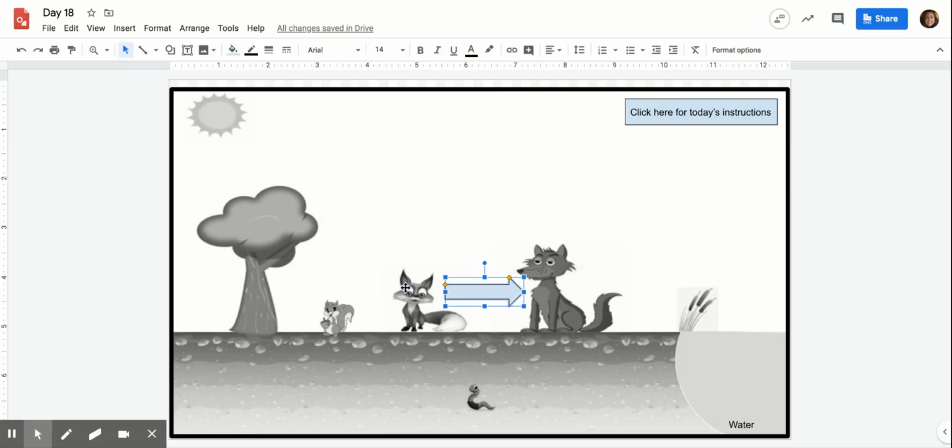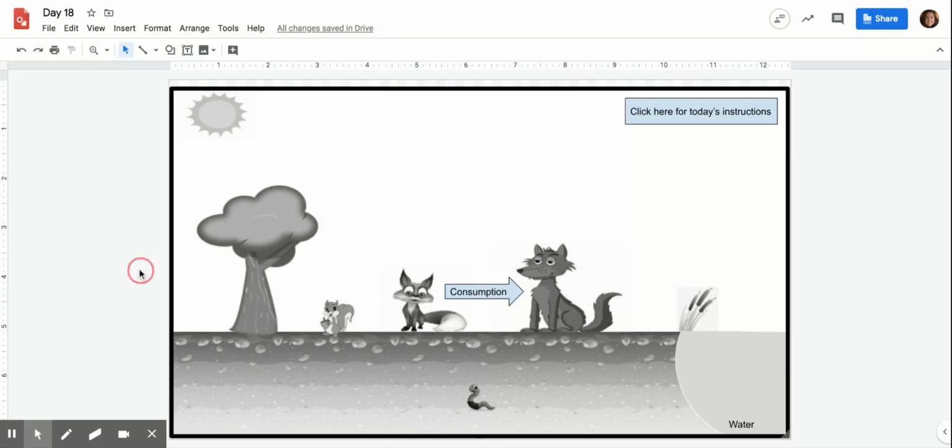So that means that the carbon moves from this animal into this animal. And on the arrow, I'm actually going to type in here consumption, which would indicate that through the process of consumption, which means one organism eating another organism, carbon has traveled from here to here.